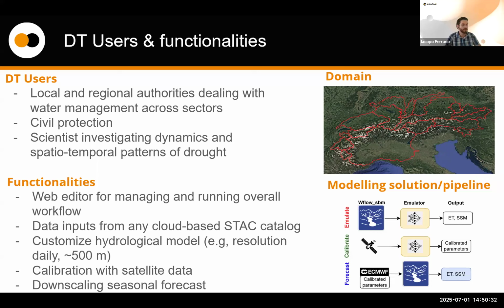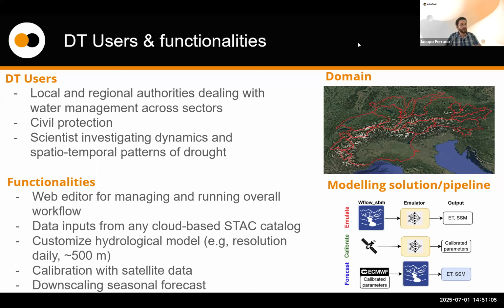So essentially, we calibrate a physics-based model, which is the Wflow SBM that was presented in the previous presentation by Willem. It's a Deltares model. The first step of this modeling pipeline is to emulate it using a deep learning model that learns to produce a robust distribution of surface soil moisture. These are the two key target variables that we are tackling with this DT.